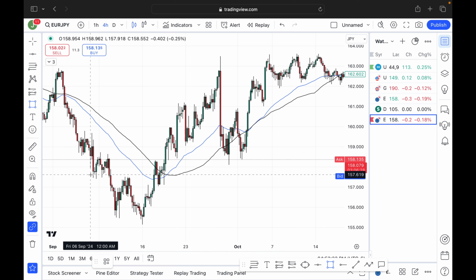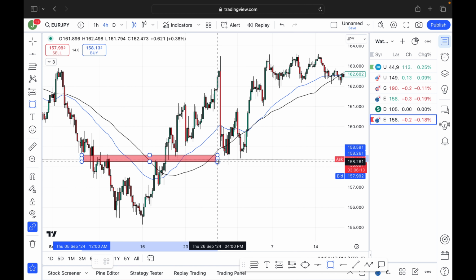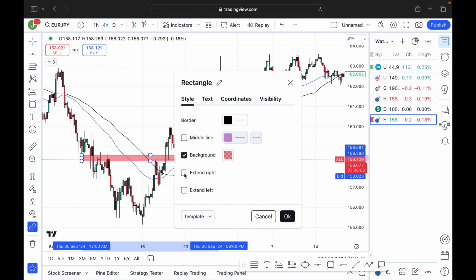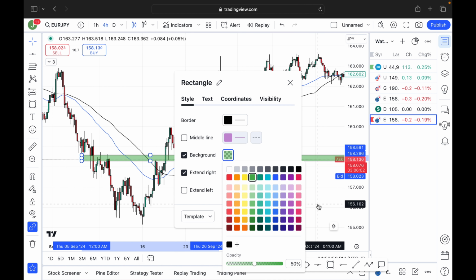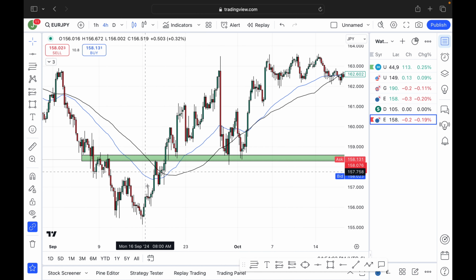And for a great support or resistance area, we would like price to have touched it three times, right? So in this area right here, extend that to the right. I'm on the 4-hour time frame. Personally, I like to change my boxes based off the time frame that I'm looking at. That way I don't get confused on what I'm looking at.